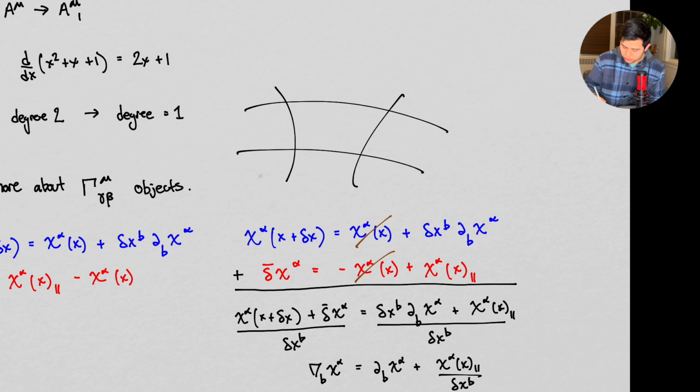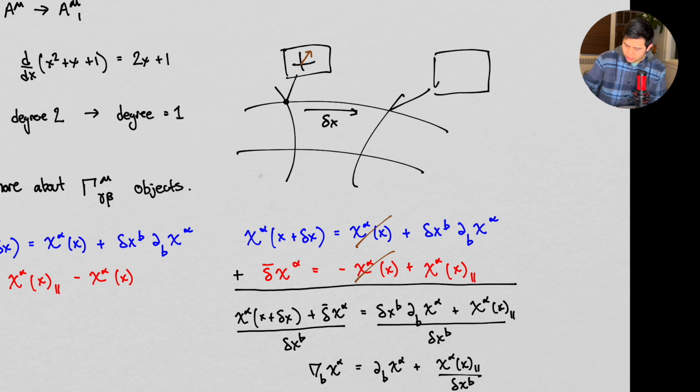Suppose this is our manifold, and we have some vector space. Okay, and our vector in our vector space looks like this. Now if we move delta x this way, suppose this is delta x. Well, suppose now our vector looks like this. Okay?